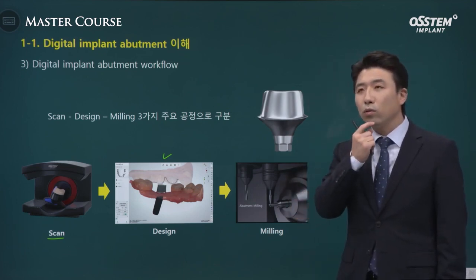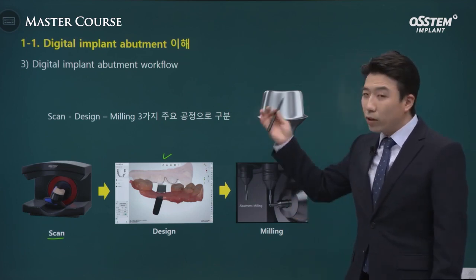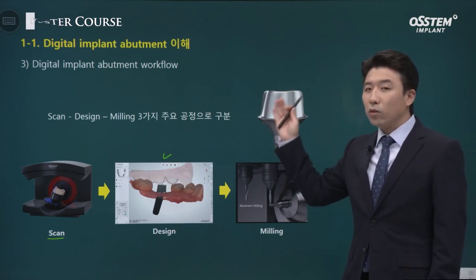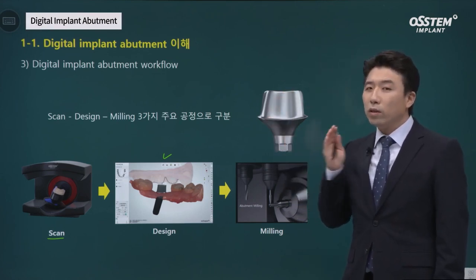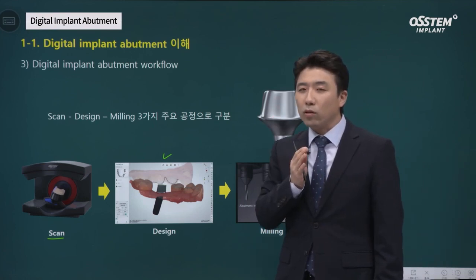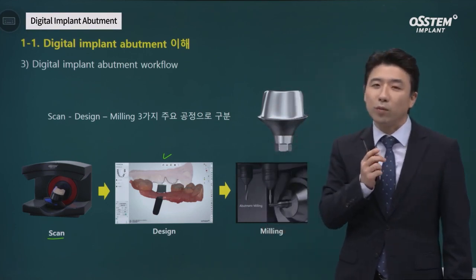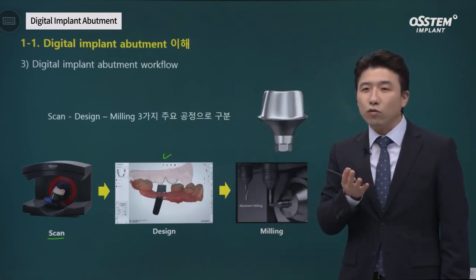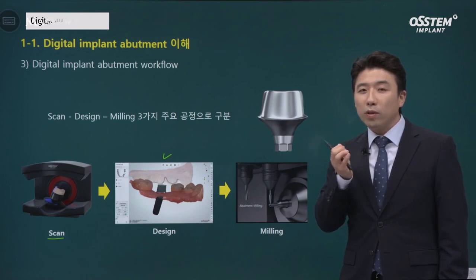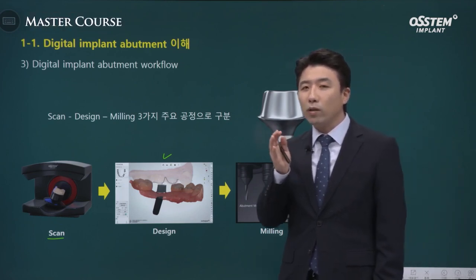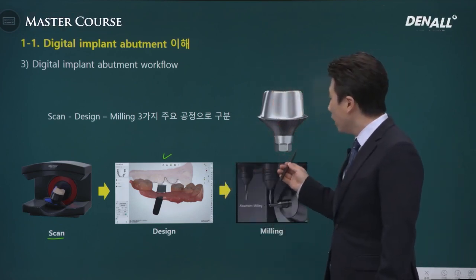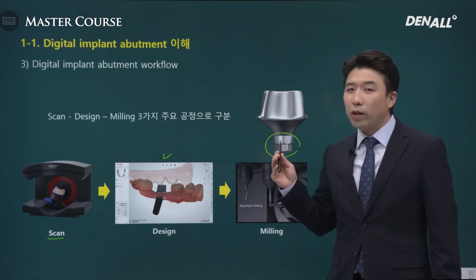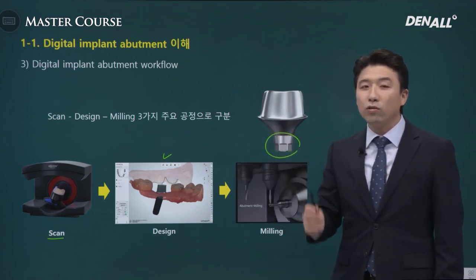You can utilize a CNC to make abutment in one step. If you have milling machine personally in your private clinic, you can purchase pre-milled abutment from Austin and also rod for the connection area and process it. An abutment is fabricated through scanning, designing, and milling process.